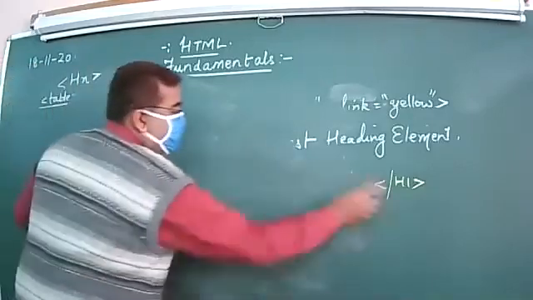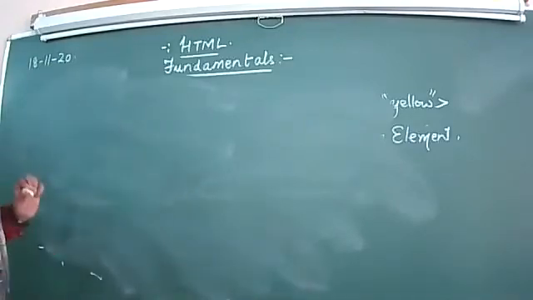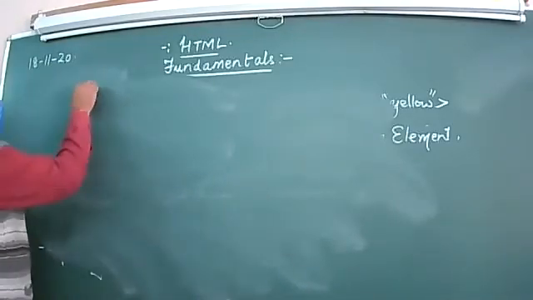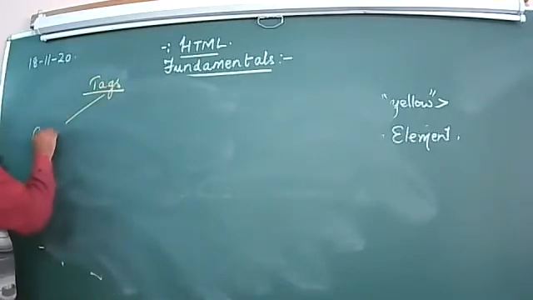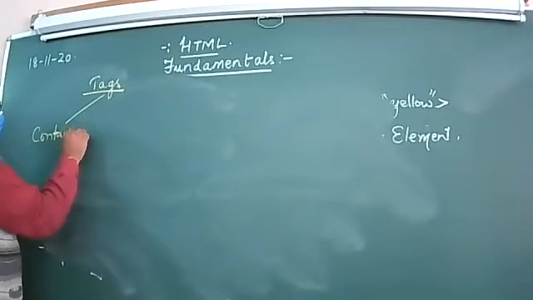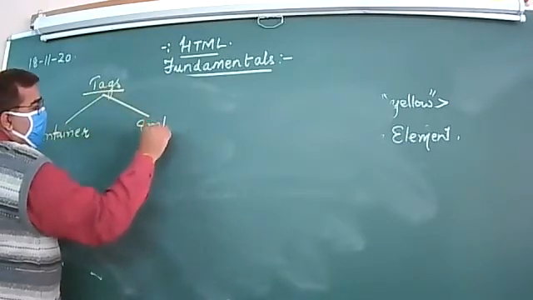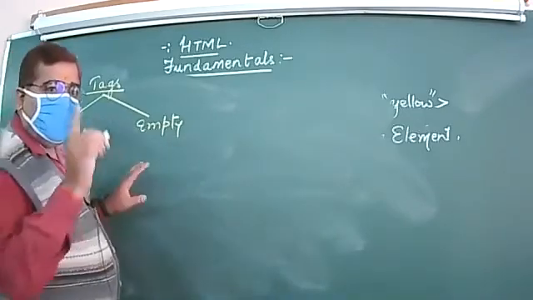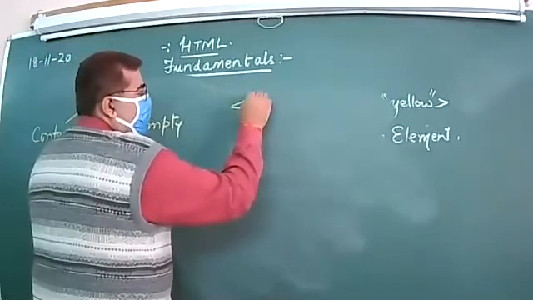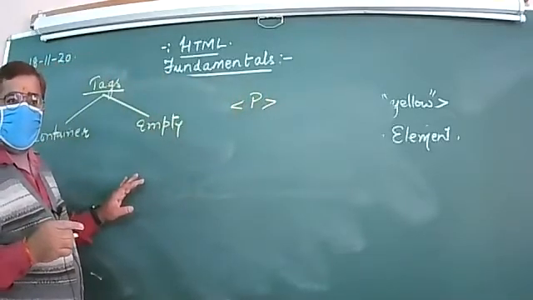Now the concept comes: types of tags. There are two types of tags. One is container tag. Second one is empty tag. One concept I would like to tell you here. This is P, paragraph tag.